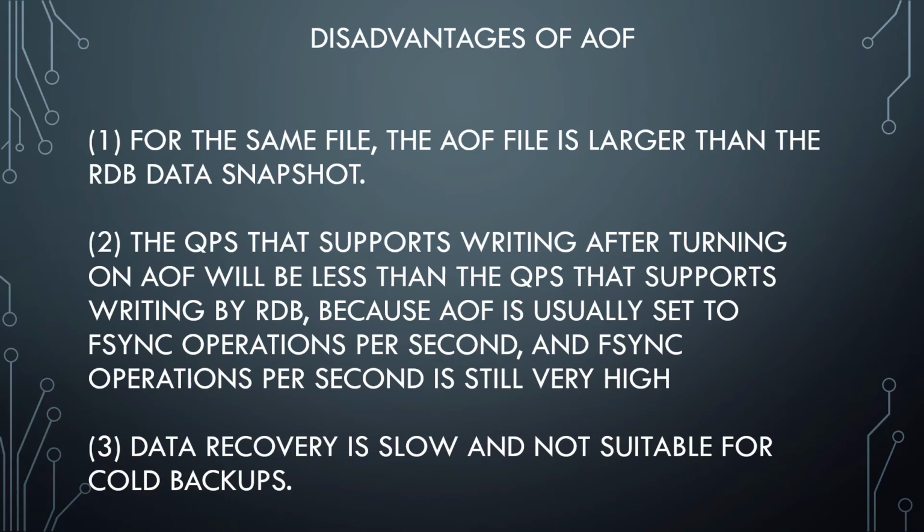The QPS that supports reading after turning on AOF will be less than with RDB, because AOF is usually set to fsync every second, and fsync operations per second is still very high. 3. Data recovery is slow and not suited for cold backups.